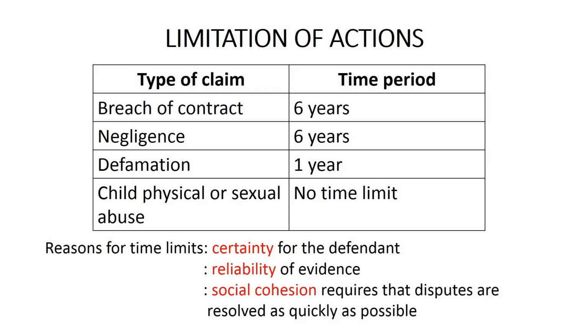After a long period of time, witnesses may forget important evidence, not be able to be located, or may have died. Finally, social cohesion requires that disputes are resolved as quickly as possible. Outstanding claims disrupt society and may cause stress to both the plaintiff and the defendant.